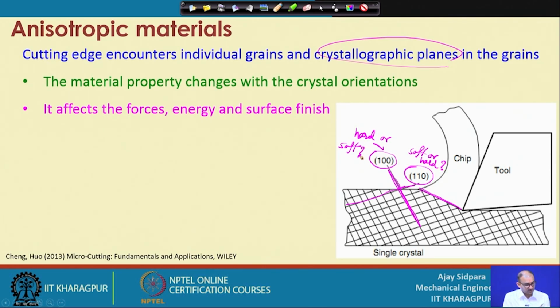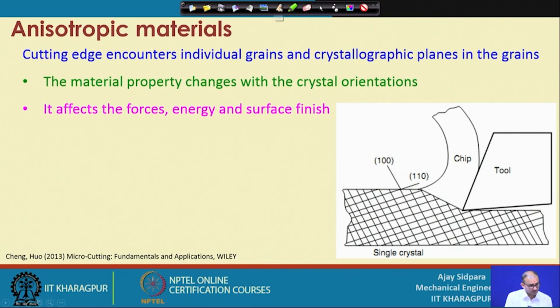If you consider this is the cutting direction and suppose this face is soft, that means this is the soft material. Let us write this one as soft and this one as hard. So, the material is weak in this direction, correct.